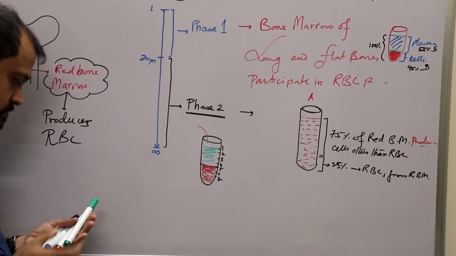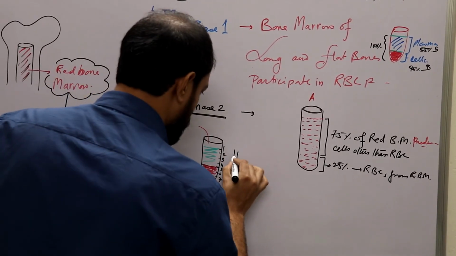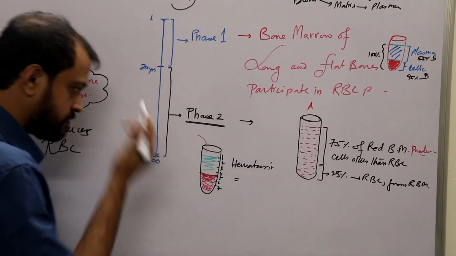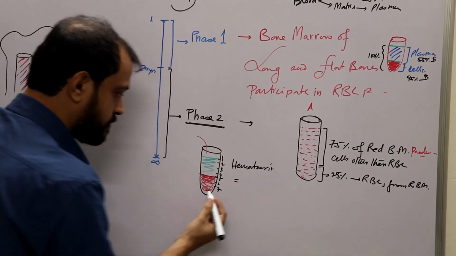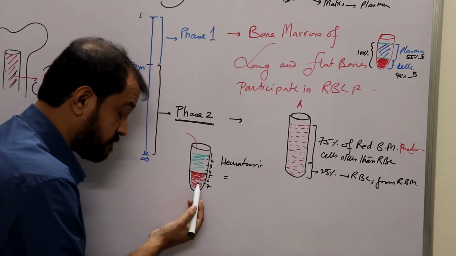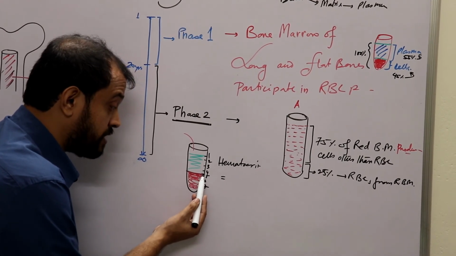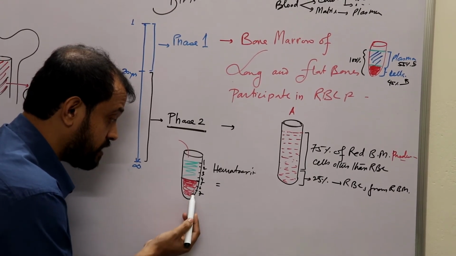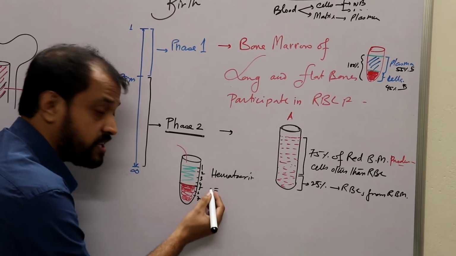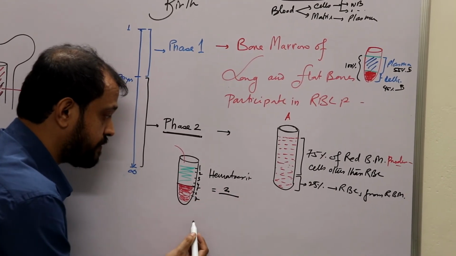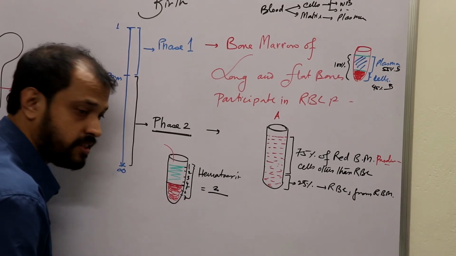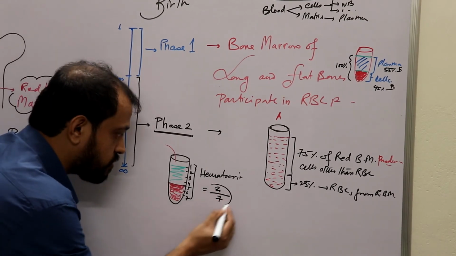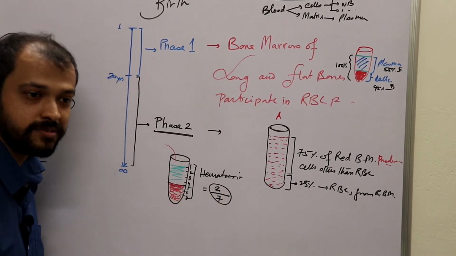How to find out hematocrit? In the hematocrit tube, the reading which touches the first layer of blood is 5 and the last layer is 7, so 7 minus 5 is 2, divided by the total length of the tube, 7. So 2 by 7 is your hematocrit value. This is how you calculate hematocrit values.